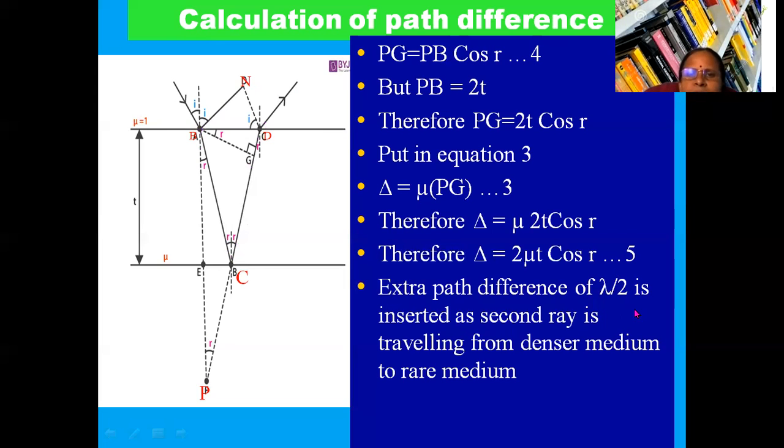And therefore, the resultant path difference delta is equal to 2 mu T cos R plus lambda by 2. So this is the total path difference between the two interfering rays, or between the rays which are interfering in the reflected side.